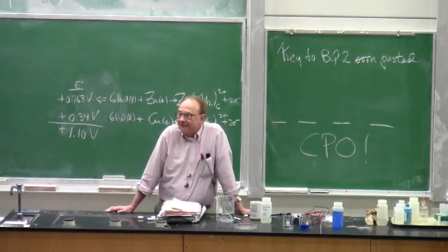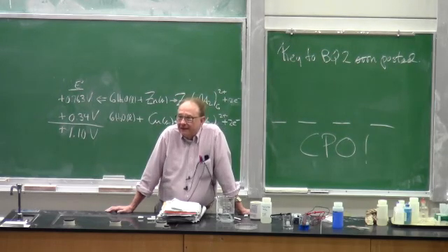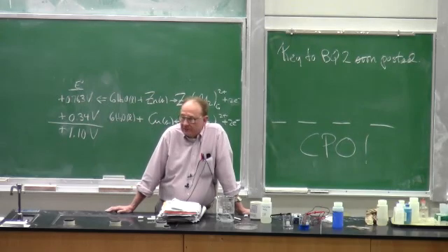How many cells? In the lead storage battery, how many cells? Don't know? 6. There's 6 lead cells in the lead automobile storage battery, hooked up in series.